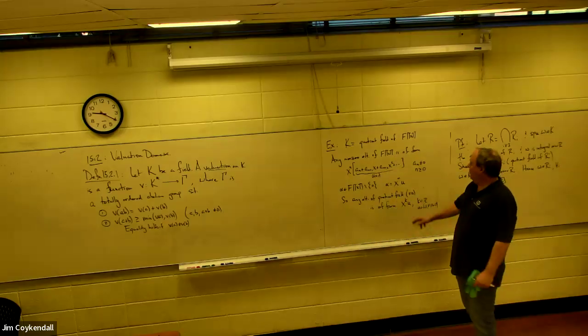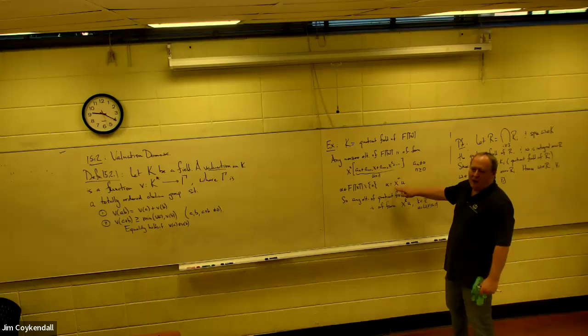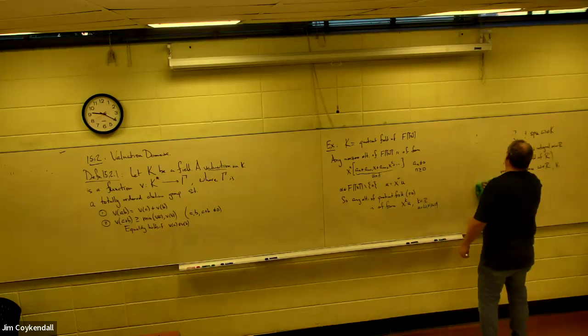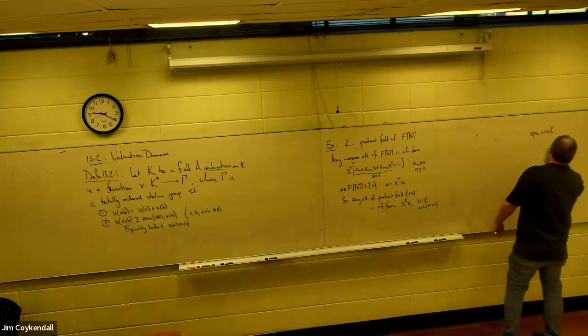Right, because anything in the quotient field is an x to the n over x to the m times a unit. So that still gives you a unit in F power series in x, but now the exponent of the x can be either positive or negative. Everybody agree with that?